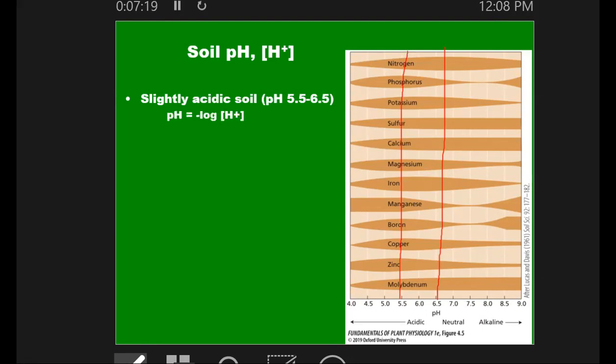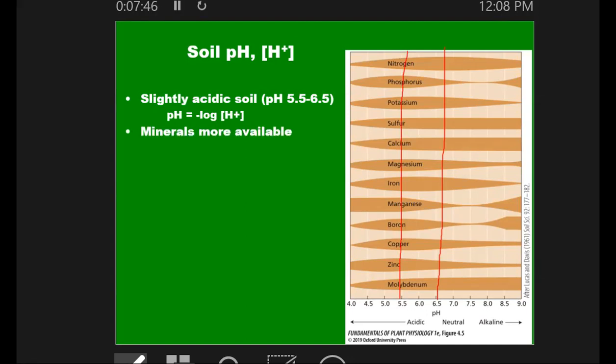Going back to basic chemistry, when you look at the pH of a system, the definition of pH is the negative log of the hydrogen ion concentration. The brackets mean concentration. So pH is equal to the negative log of the hydrogen ion concentration, which is a cation, H+.